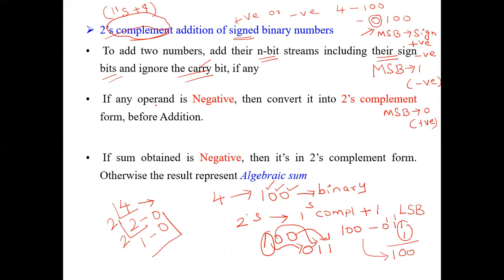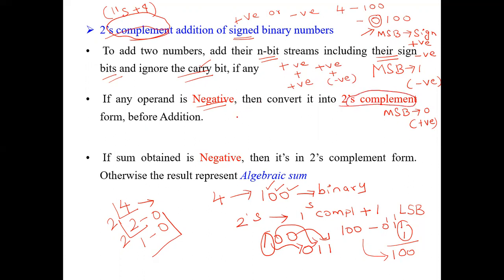So if any of the operands is negative, then the addition is of a positive number with a positive number, or sometimes a positive number with a negative number. What you have to do is convert it into a 2's complement.